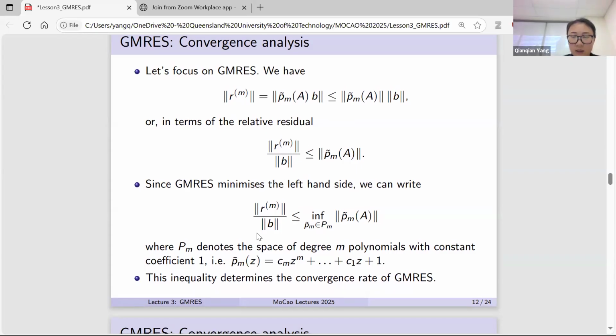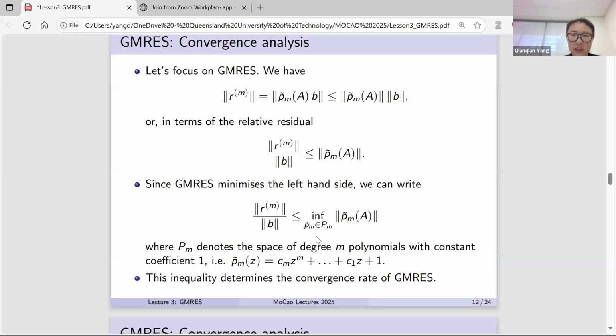So we can write down this inequality. Basically we're trying to say that we are finding a polynomial Pm over the space of degree m polynomials with constant coefficient 1. We're searching for Pm in that polynomial space such that the norm of this Pm(A) is minimized, the smallest one.